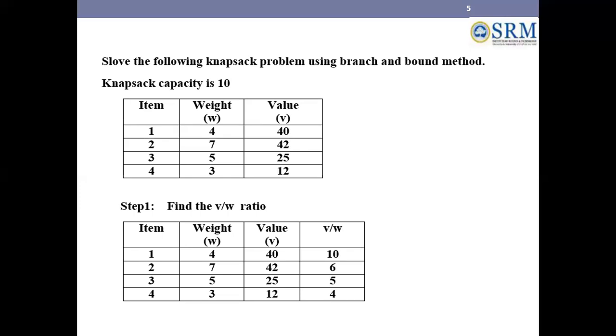Step 1: find the ratio of V by W. The last column is the V by W ratio: 40 divided by 4 is 10, 42 divided by 7 is 6, 25 divided by 5 is 5, 12 divided by 3 is 4. So the last column V by W is calculated.